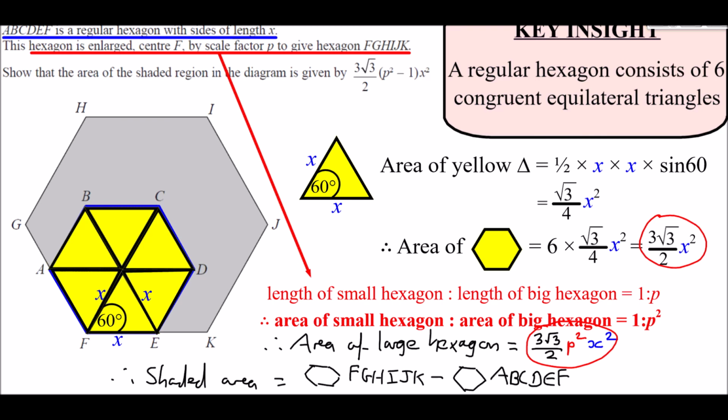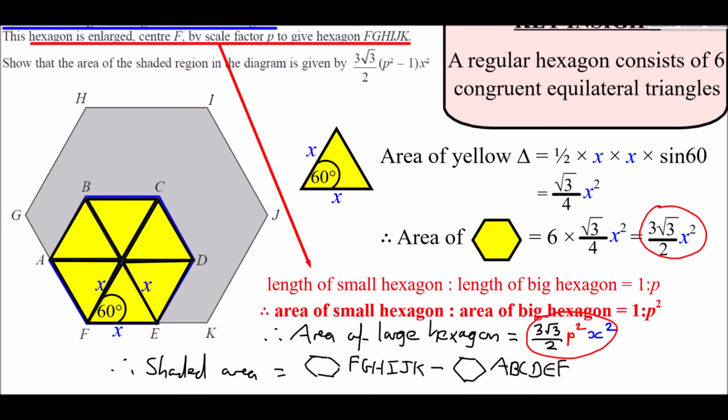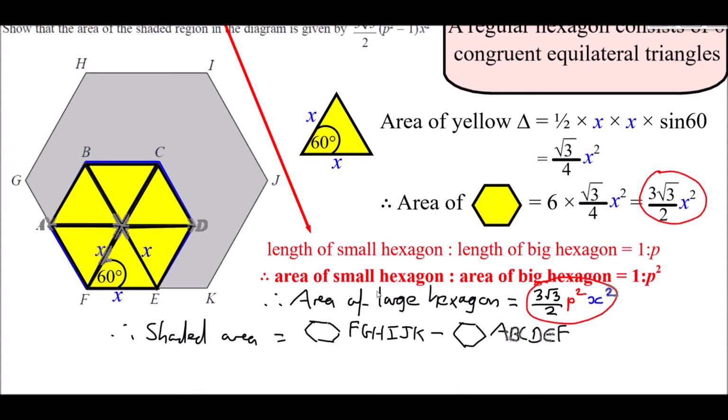So if we do this now based on what we know, then the smaller hexagon we worked out to be 3 root 3 over 2 x squared. So we're minusing 3 root 3 over 2 x squared. But the area of the larger one we worked out to be 3 root 3 over 2 p squared x squared.